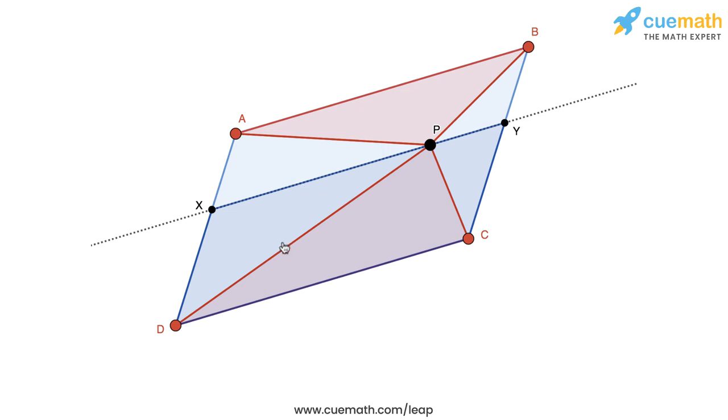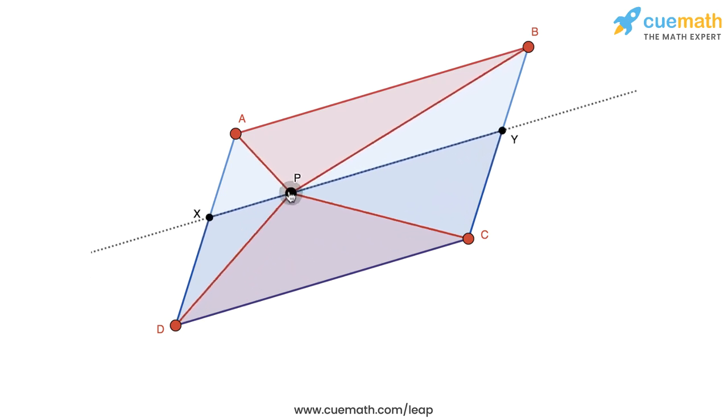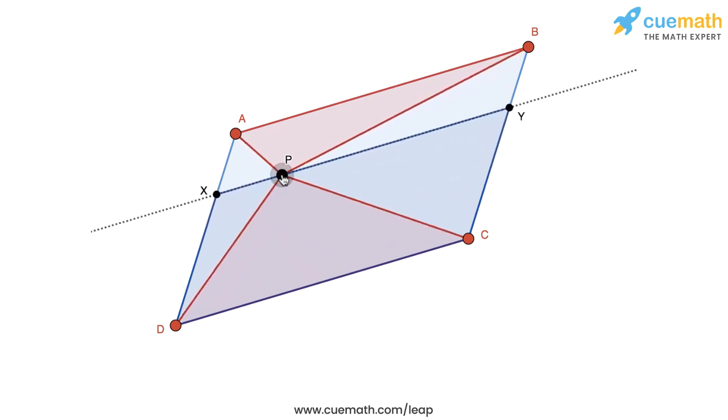So the area of triangle PDC will be half of the area of parallelogram XDCY, and we can see that no matter where I move P inside the parallelogram, the area of triangle PDC will always be half of the area of parallelogram XDCY.